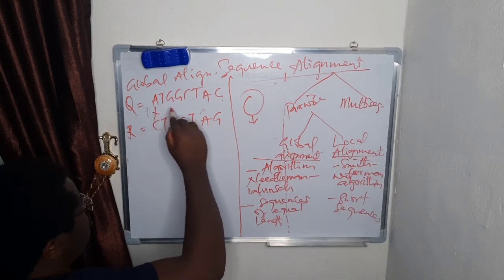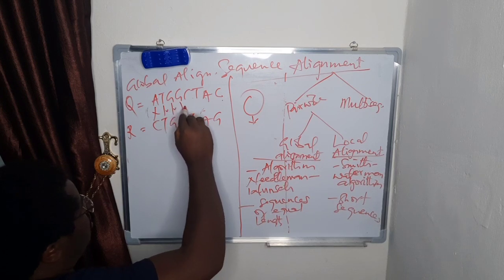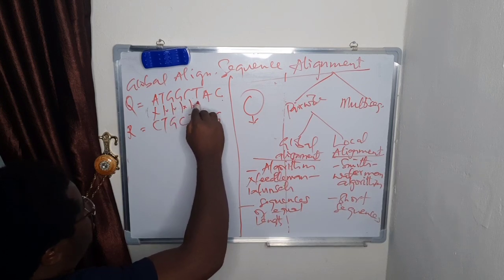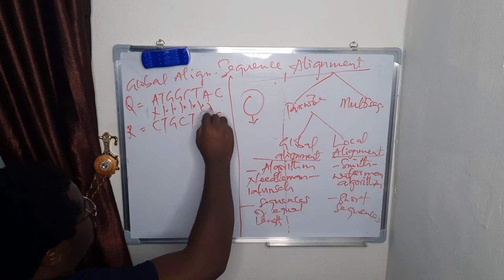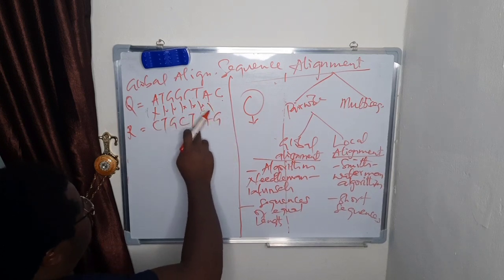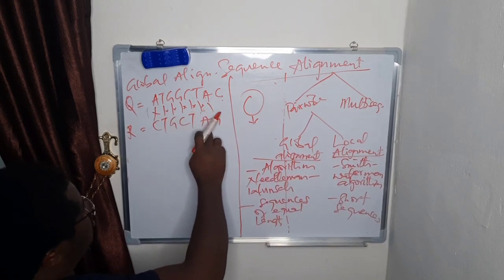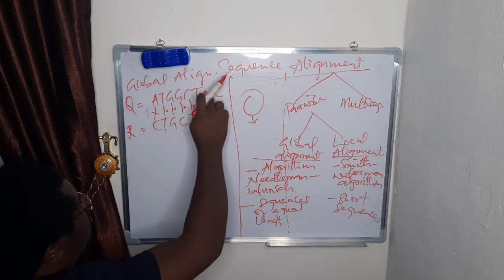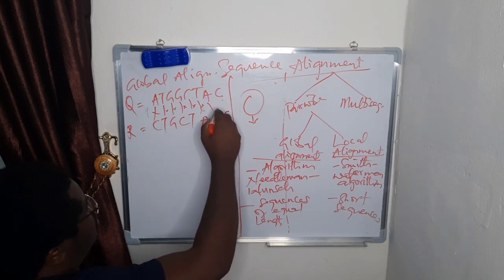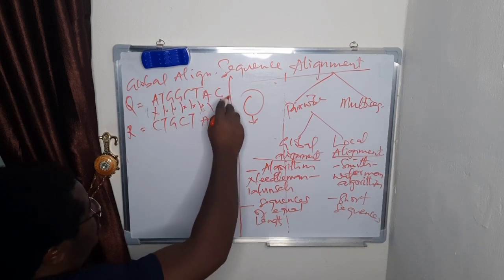No alignment, no alignment, no alignment. They are not complete. 1, 2, 3, 4, 5, 6, 7. Maybe C, then alignment.